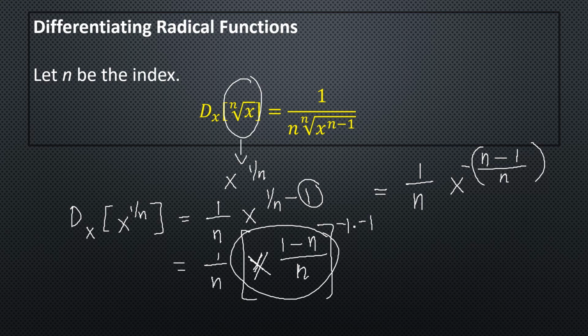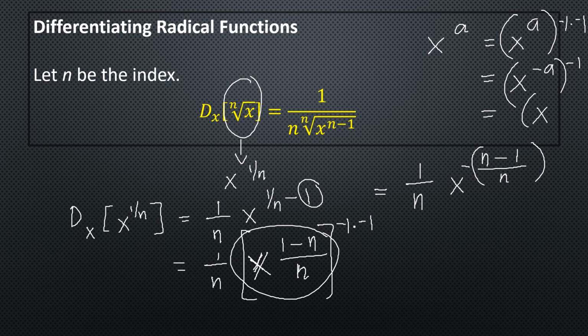Okay? That is also true when you have x raised to a. It can have x raised to a raised to negative 1 times negative 1. Anyway, negative 1 times negative 1 is simply 1, and that will become x raised to negative a over negative 1, which can also be 1 over x raised to a raised to negative 1. Anyway, that's just the power of exponent. Okay, so that will now be 1 over n.